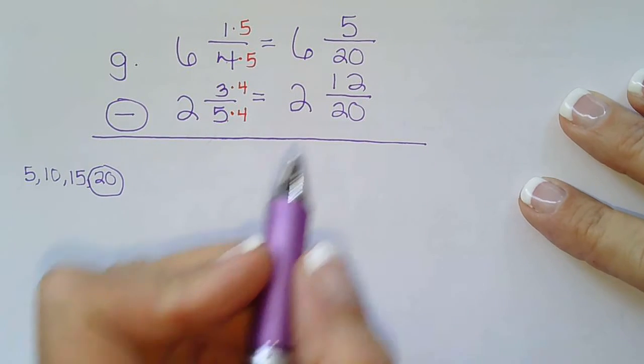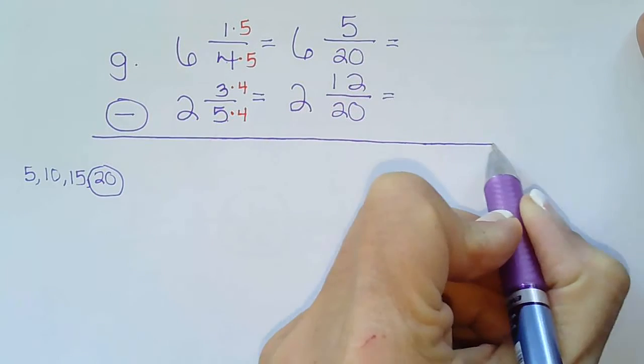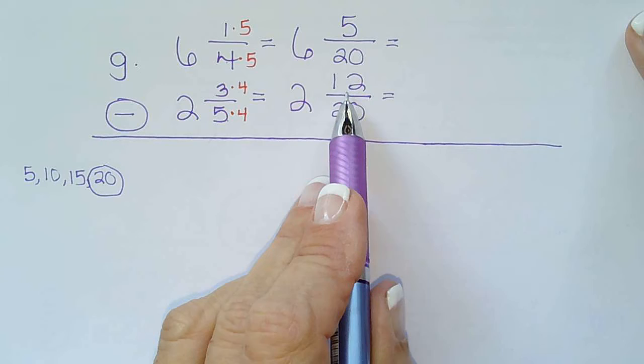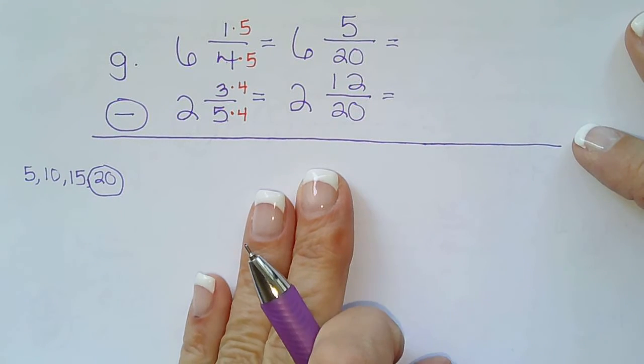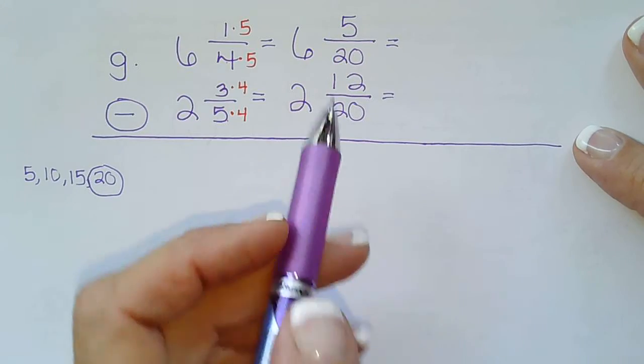One way that many teachers teach in high school, middle school, grade schools, they say, if you see you're going to have to borrow, you have 5, you can't take 12 away, make them improper. So this is the only time that I would recommend making them improper is an okay move.